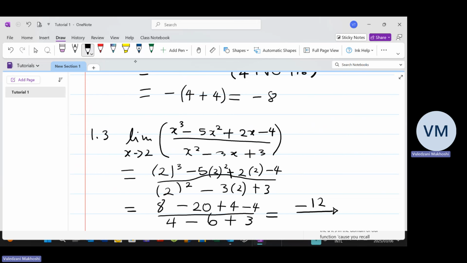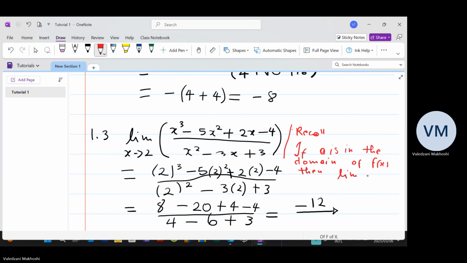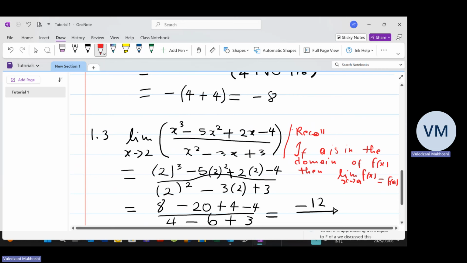Because you recall that if A is in the domain of f of x, then the limit of f of x when x is approaching A is equal to f of A. We discussed this during our lecture.